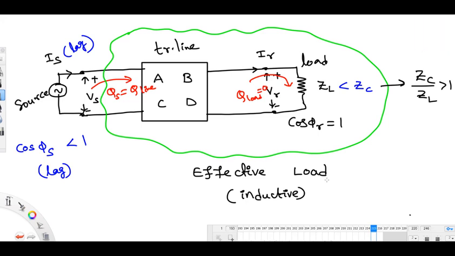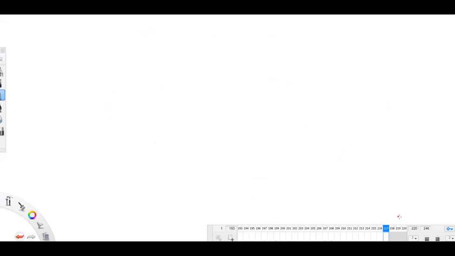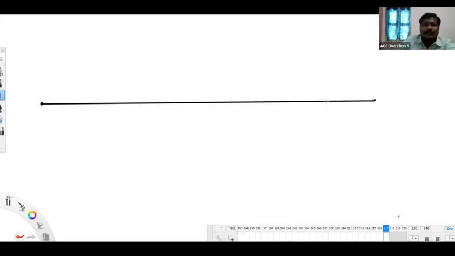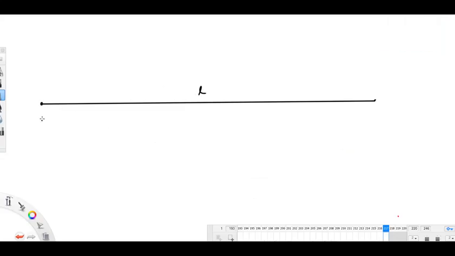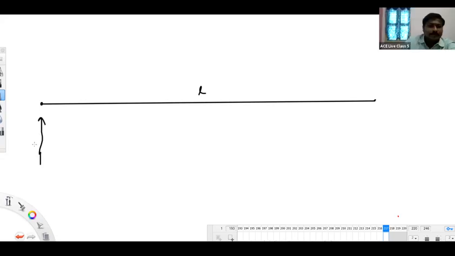The sinusoidal waveform has one cycle over length L. For one period the length is L. So this is the transmission line of length L, and at x equals 0 you have the sinusoidal wave.